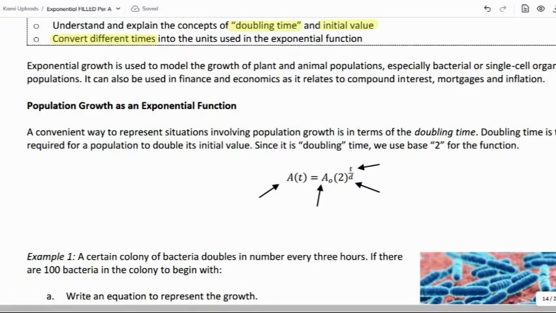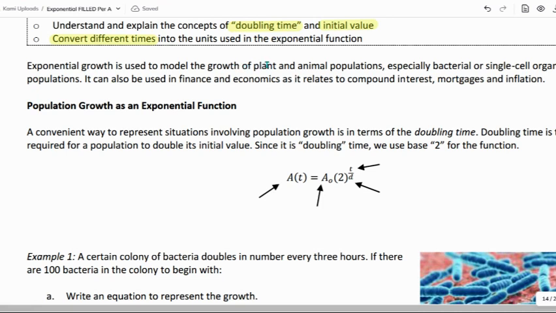Exponential growth is used to model the growth of plant and animal populations, especially bacterial or single cell organism populations, right? So when we say single cell populations, we're talking about bacteria, we're talking about viruses, because we can see one is splitting into two, into three.